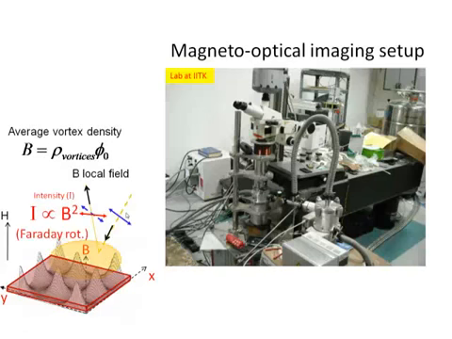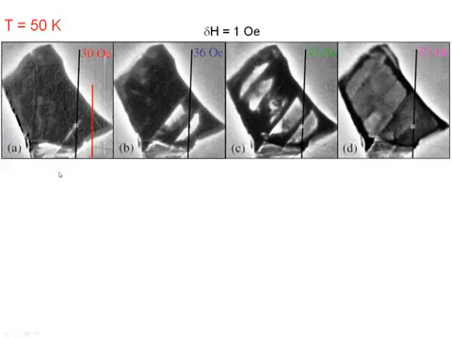We measure the local magnetic field distribution inside the material by measuring the intensity of the Faraday rotated linearly polarized light. In our experiment, we have attempted to measure the changes in the vortex density due to phase transformations in the vortex state at low magnetic fields.